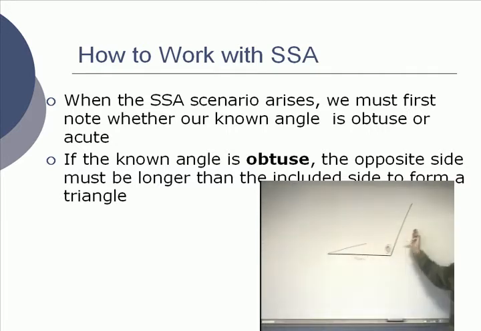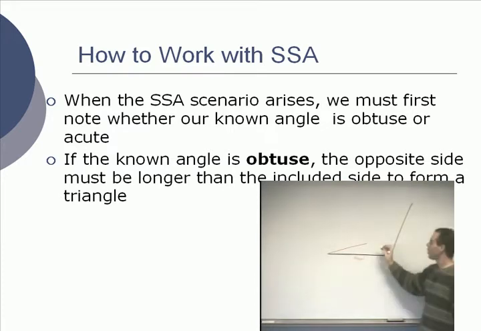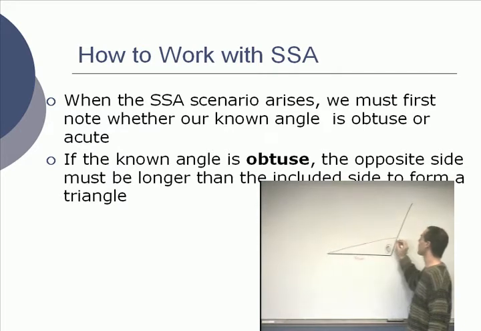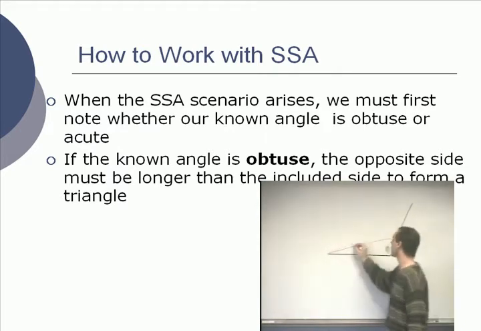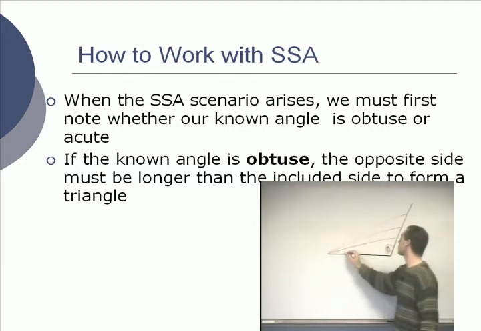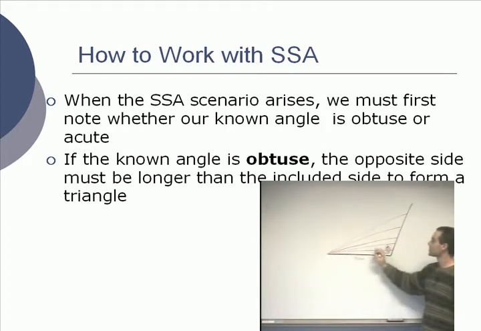If it's too short, it just won't reach over here. So how long does this red side have to be in order to form any triangle? There's one possibility. It could be longer, could come up here, could be longer yet, could go up there, could be a little bit shorter and go down here, could be a little shorter yet. But what's the shortest that this opposite side from our angle can be before it won't even form a triangle anymore?